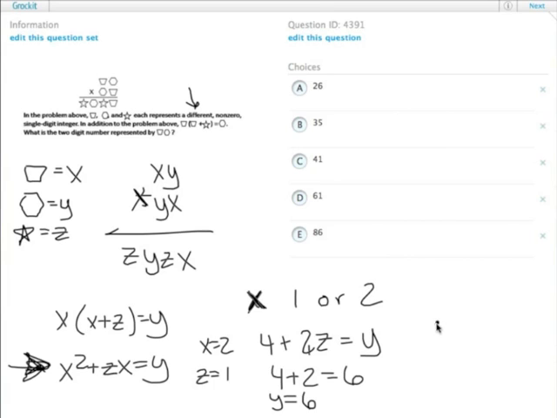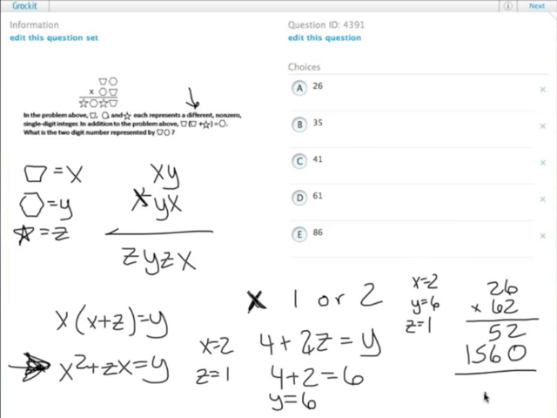Let's go ahead and try that out then in the actual multiplication question. So let's just rewrite that out: x equals 2, y equals 6, z equals 1. So xy, 26, times 62 is 12, 50, 6, 15.